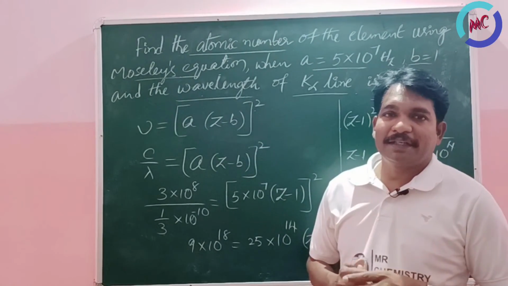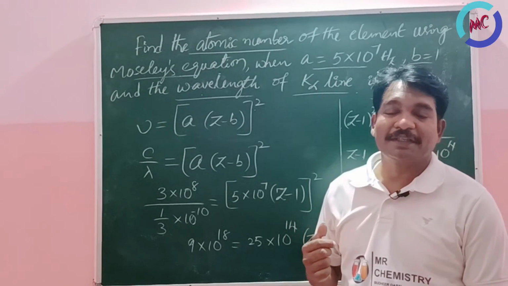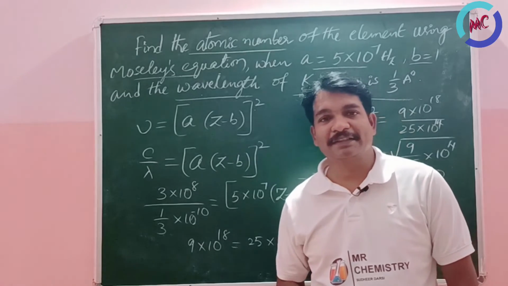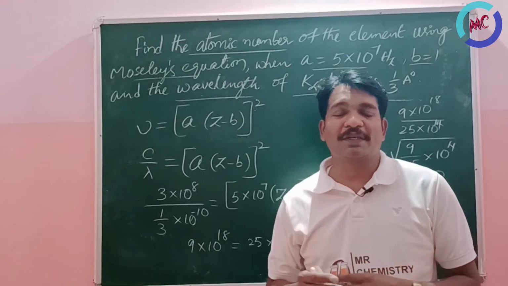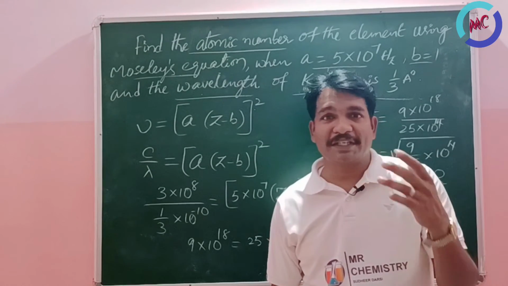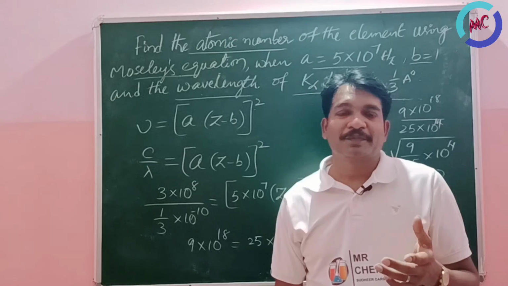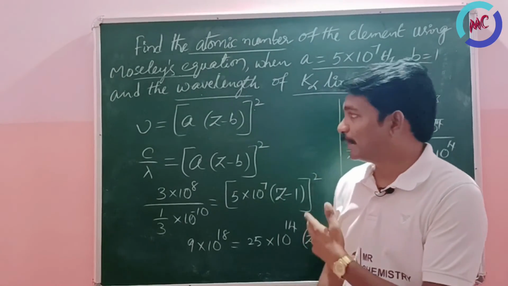The plots related to Moseley's equation and numericals related to Moseley's equation are very important for JEE and NEET. Generally, students will focus on Moseley's atomic number and Moseley's classification of elements. They focus on limited things, but beyond that we have many more things.